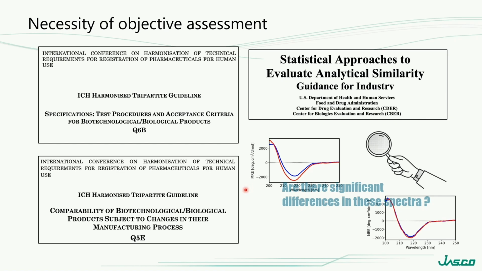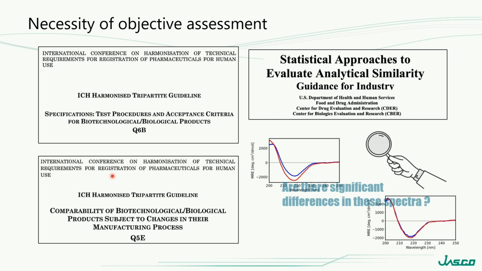The International Council for Harmonization, ICH, Q6B guideline recommends CD spectroscopy as one of the methods for physicochemical characterization of biopharmaceuticals.